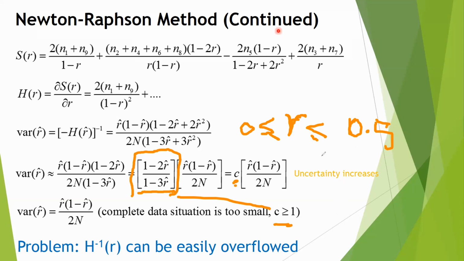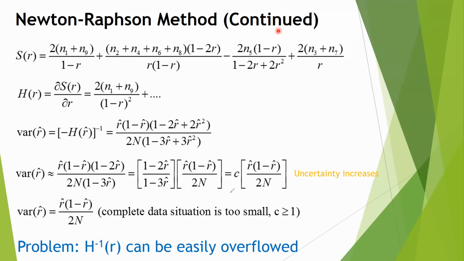This is why the constant C is always greater than 1, because 1 minus this thing is always smaller than 1 minus this thing. So this ratio is always greater than 1. Or in another way, if we are missing something, then the missing problem will increase the uncertainty, and it will increase the variance of the estimation. Does that make sense?